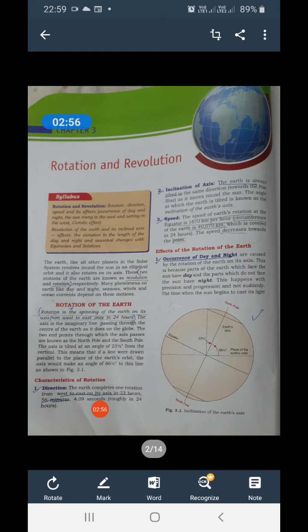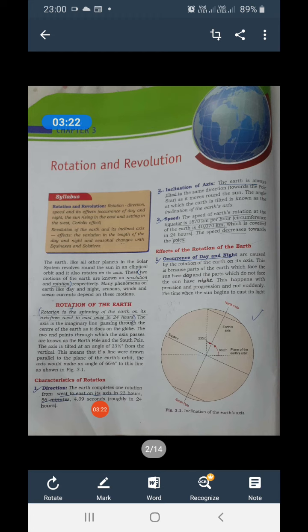The second characteristic of rotation is inclination of axis. Inclination means that the earth is not in a straight position. If you see the diagram here, figure 3.1, the earth is tilted, and you will see a vertical line in dots, in dashes. This is the vertical axis, but the earth is not vertical, it is tilted away from the pole.